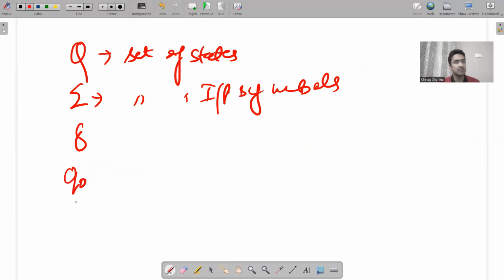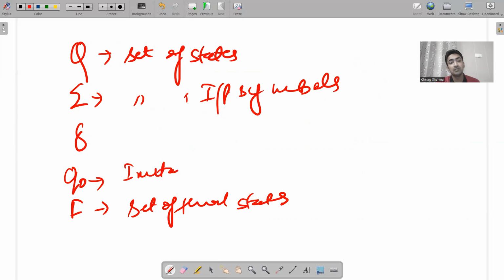Then there is the initial state, and then there is the set of final states. You will study what the set of final states are when we do various examples. And this is Q naught, the initial state, which is always going to be the same.